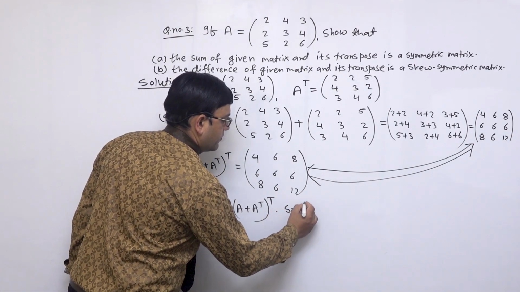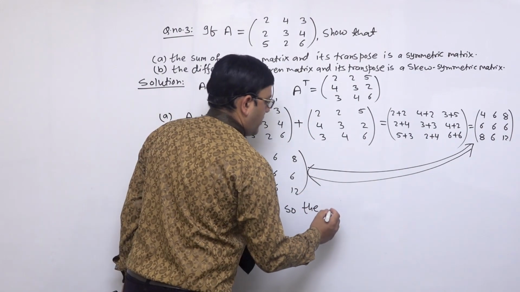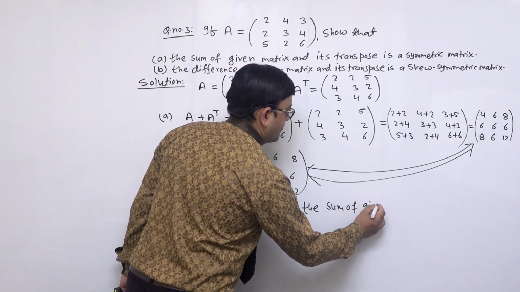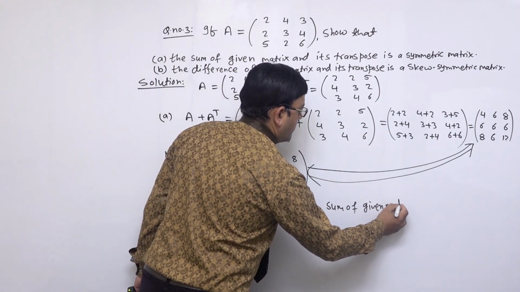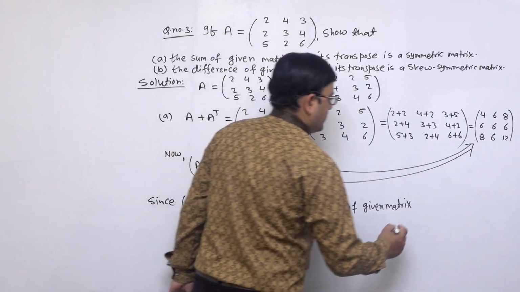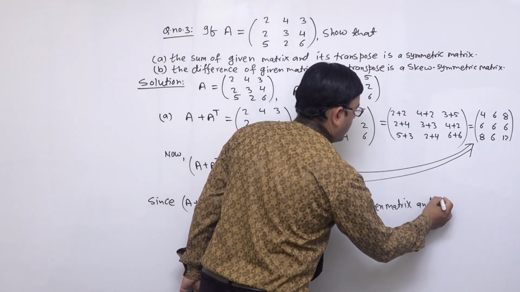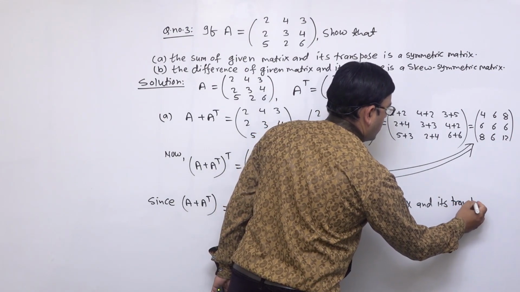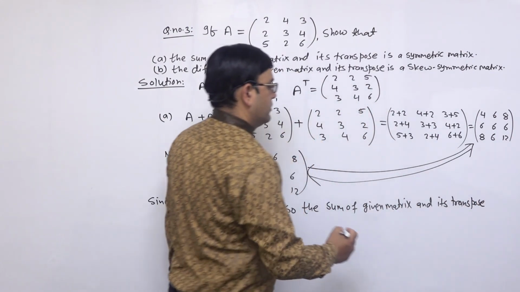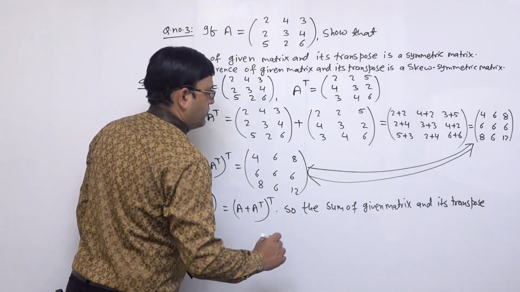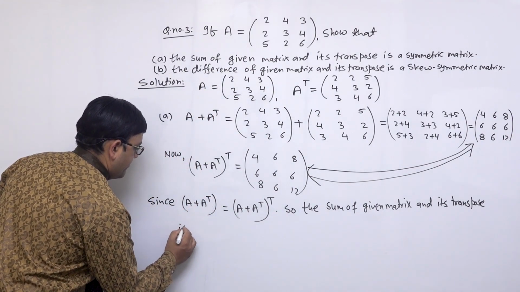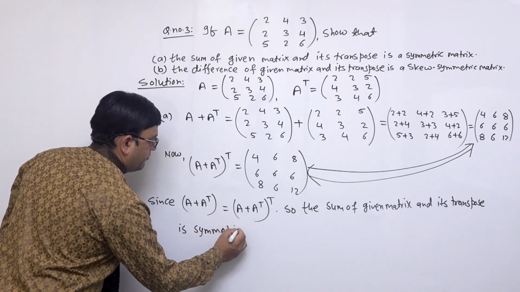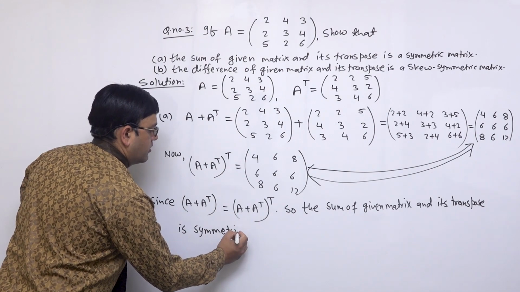So the sum of a given matrix and its transpose is symmetric.